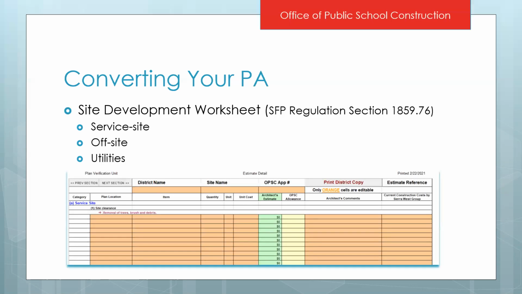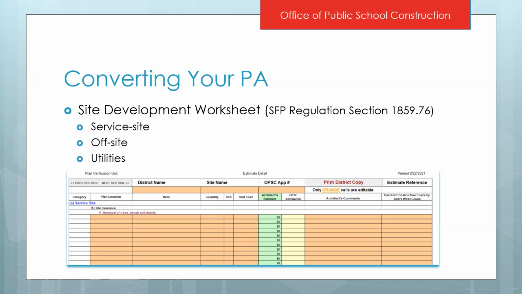The site development worksheet is used to request additional funding for service site, off-site, and utilities. We provide funding based on what is allowed in School Facility Program Regulation Section 1859.76. This worksheet is broken out into sections that align perfectly with the regulation sections here.